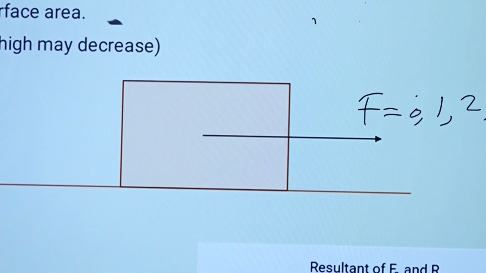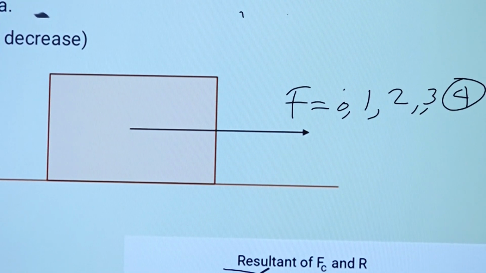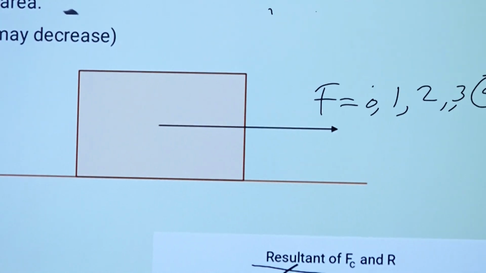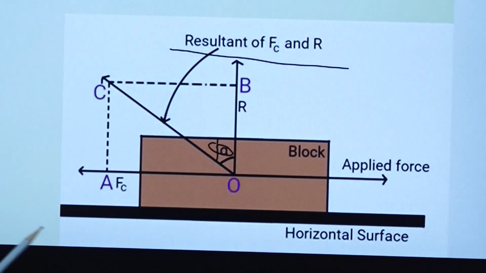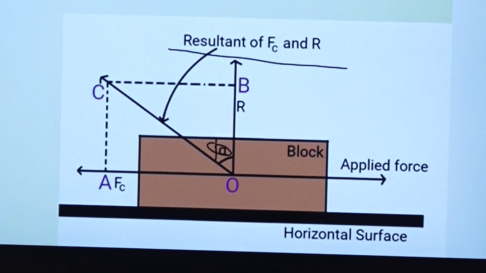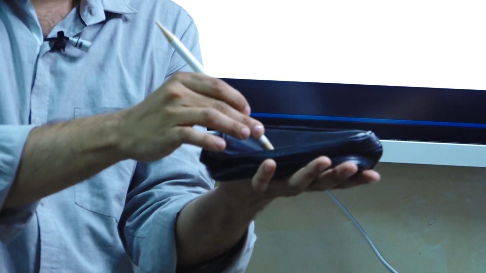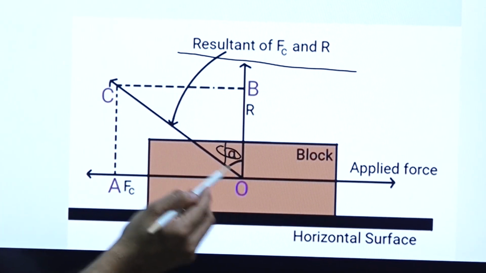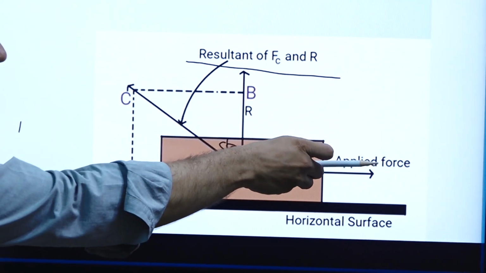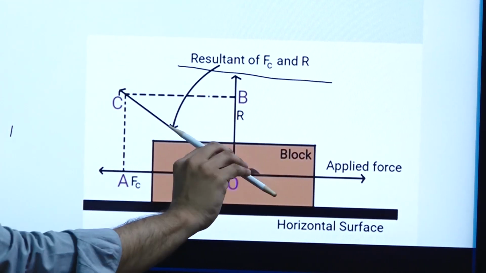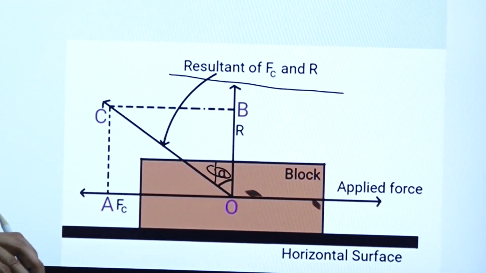So if you try to move the block in all directions, the reaction force will take a cone shape. When you apply force in this direction, the reaction force will be in this direction. Suppose you apply the force in this direction, the resultant force will come in this direction.